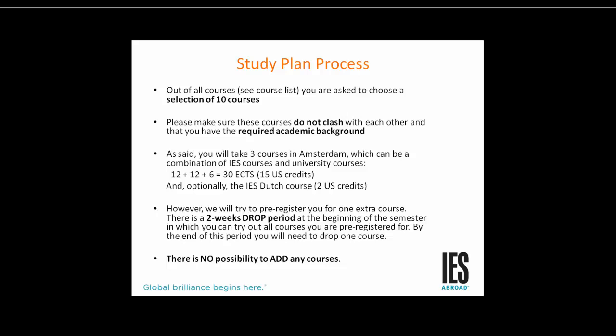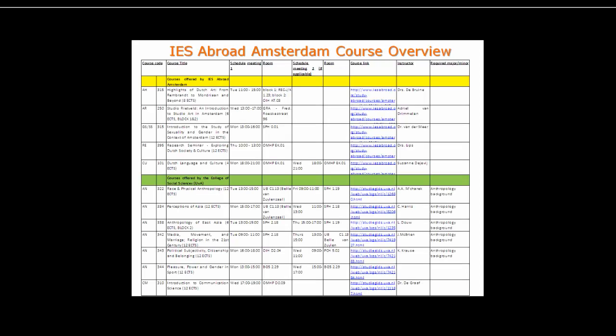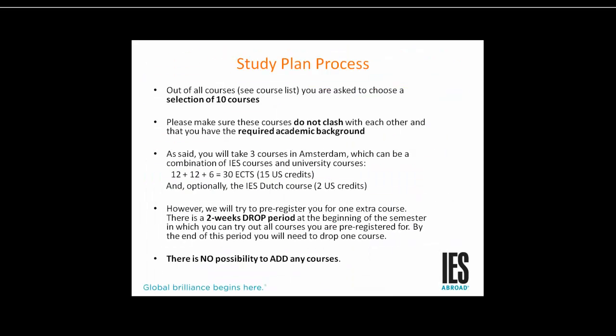Okay, I'll now go into the whole study plan process. As I said, all of you should have received an email with all the information attached and the course list. So can you quickly go to the next slide so I can show, this is the list that you should have received. I'll go further into it in a second. Can you go back, Alyssa? Thank you. All of you are asked to select 10 courses from this list.